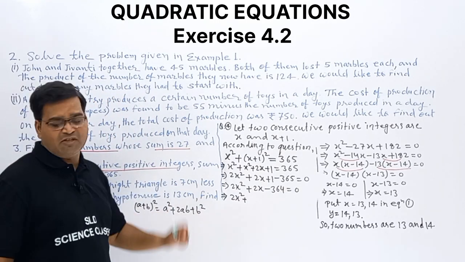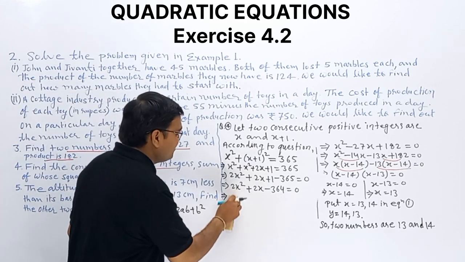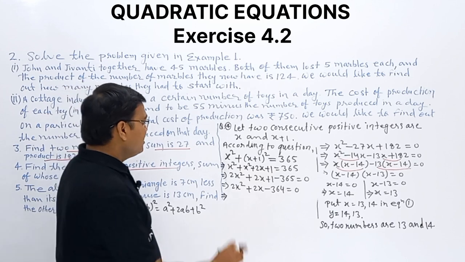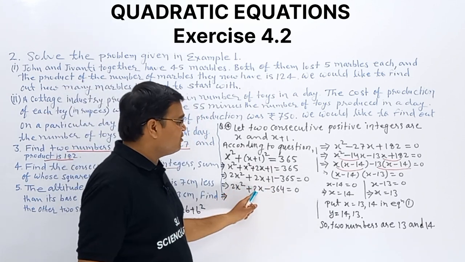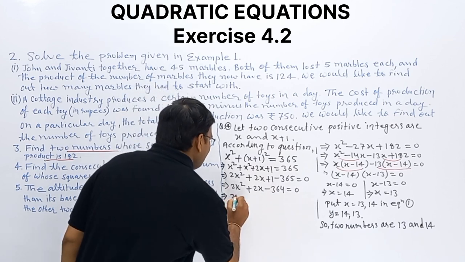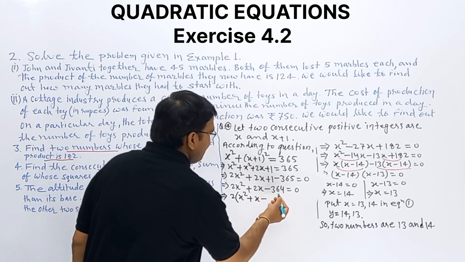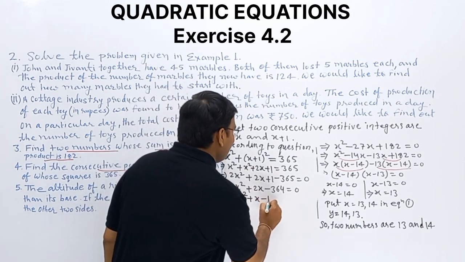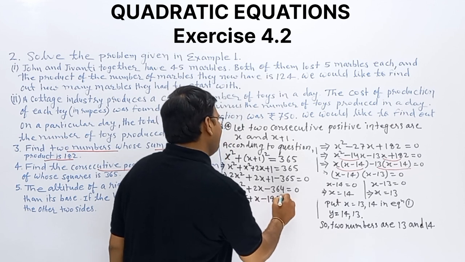First we simplify this equation. Observe, first we simplify this one, so we will get easy numbers, in which in this quadratic equation we are having 2 as a common factor. So I am taking 2 outside. x square plus x minus, how many times is it going? 182.